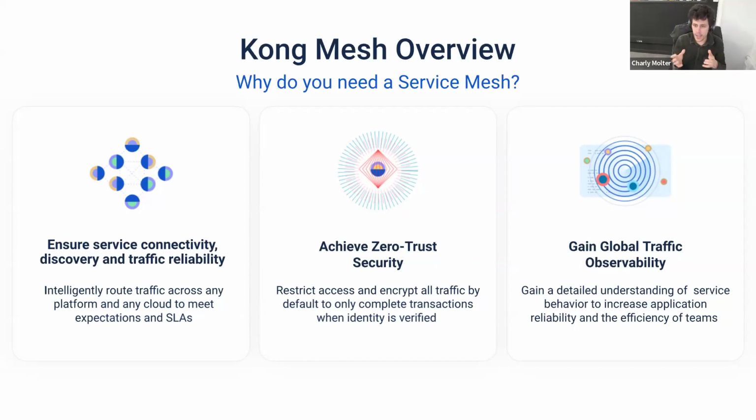And the very last but not least feature is global traffic observability. That means you can get all of the logs, traces, and metrics across all your different apps that run inside your service mesh.